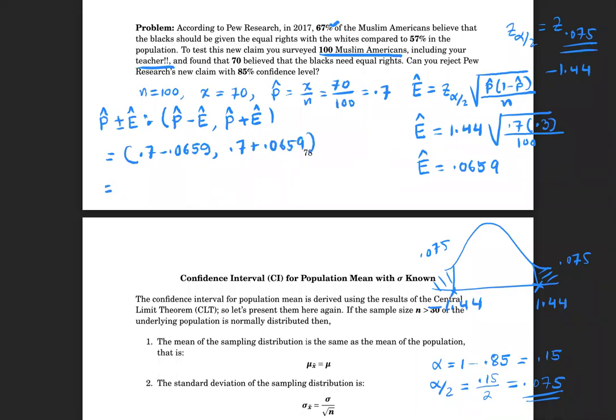If you do the math, 0.7 minus 0.0659 is 0.6341, comma, 0.7 plus 0.0659 is 0.7659. So it's going to be 63.41%, comma, 76.59%.